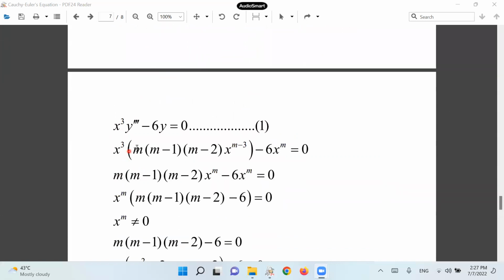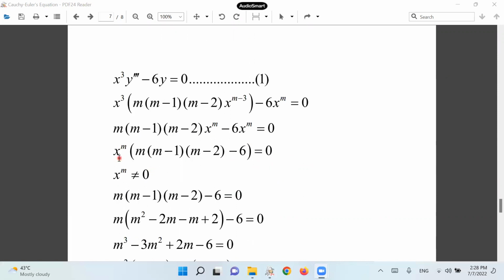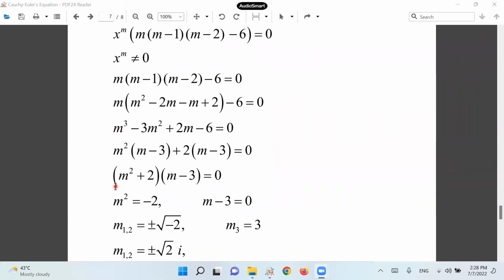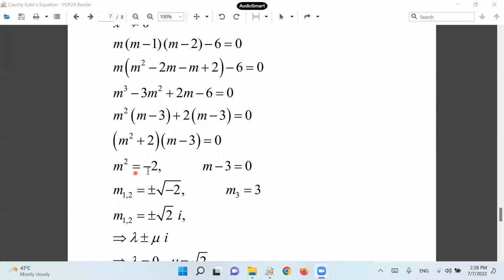After substituting, we are going to have it in this form: x power 3 into m into m minus 1, m minus 2 into x power m minus 3, minus 6 into x power m. And after that, we factorize them, and in the end we get the factors m square equals minus 2 and m minus 3 equals 0.